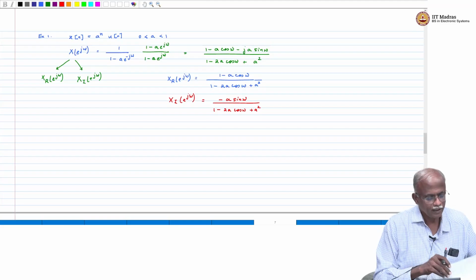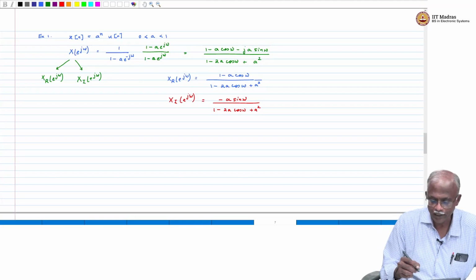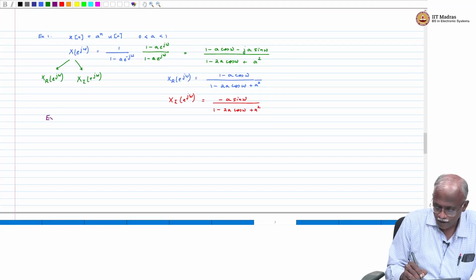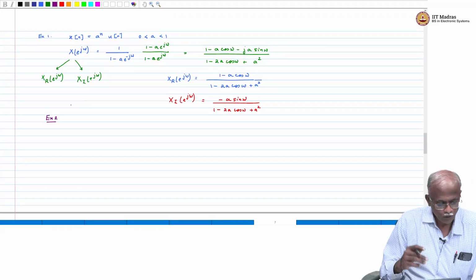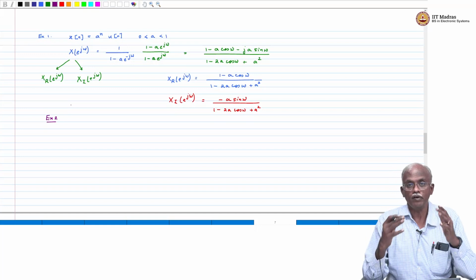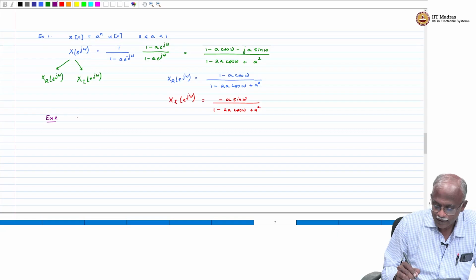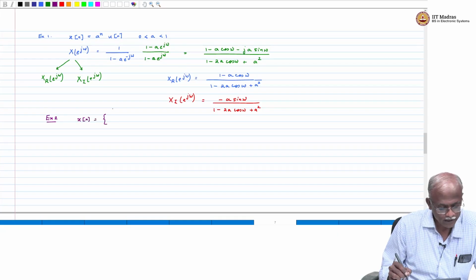Now, there is a second question that I would like you to think about, and here it is, example 2. This is a type of question in which we can have a number of sub questions. We are given the following: there is an input x of n which is a finite length sequence 2, 2, 3, 3, 4.